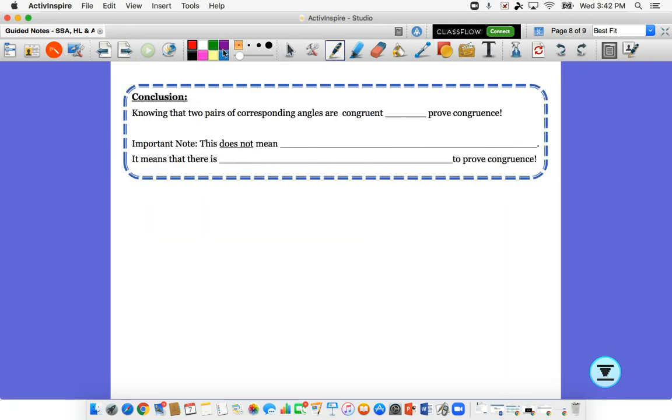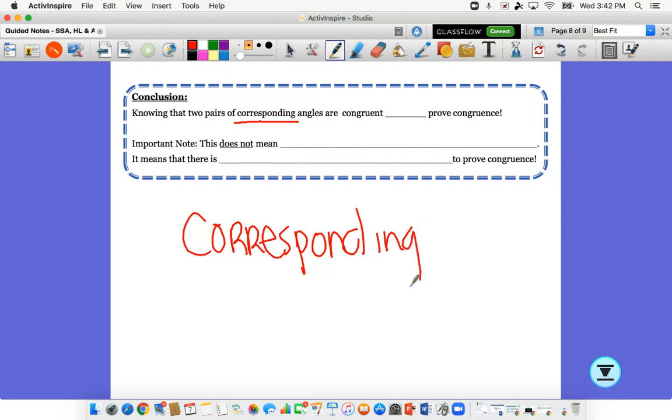So what we can conclude, and I know maybe we kind of concluded this, but to formally conclude it: knowing that 2 pairs of corresponding angles doesn't equal congruent. I'm going to write that again, really big. They're not the same thing.